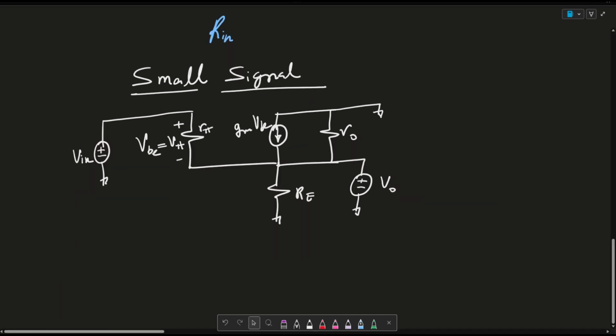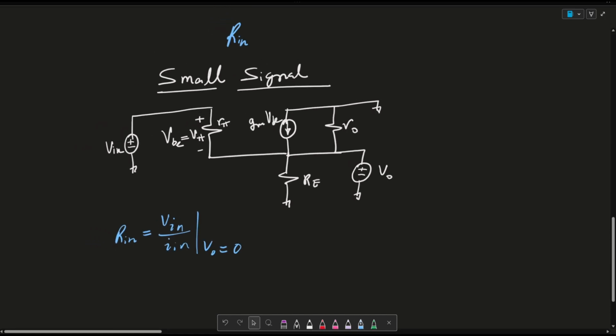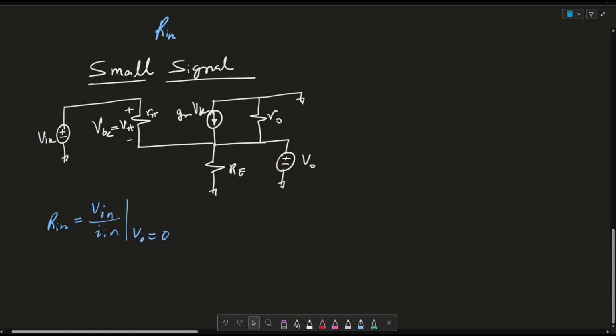To solve for Rin, the input resistance, let us find Vin over Iin when Vout is equal to 0. In order to do that, we need to basically consider a wire at Vout, so a short.